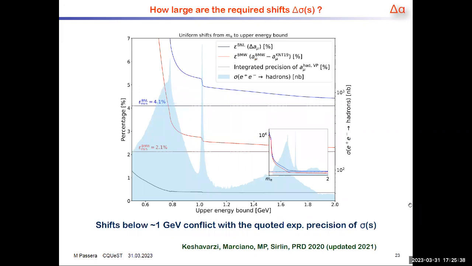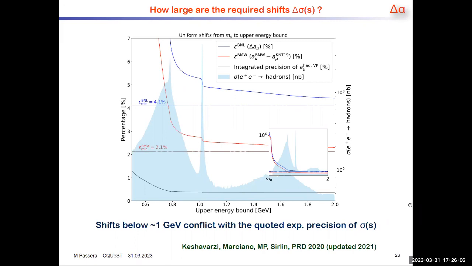I will close by mentioning, okay, so you're telling me that in principle you could make changes, but only to fix the g-2, and only at low energy, right? Yes, at low energy. But how much would you need to change the cross-section at low energy? What is the percentage? Well, the percentage is shown in this plot here, which shows the percentage shift of the hadronic cross-section when integrated in a range starting from threshold up to the value that you see here.